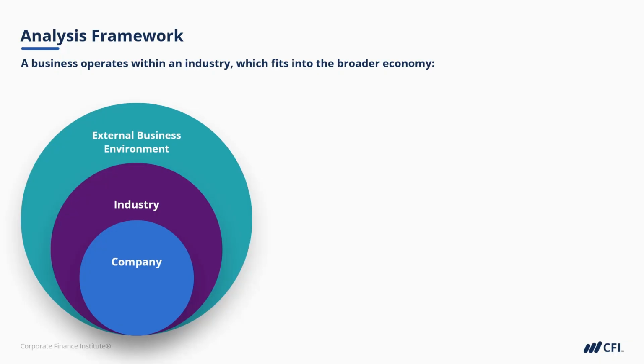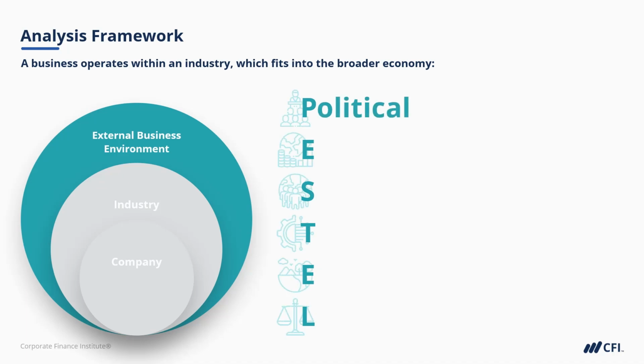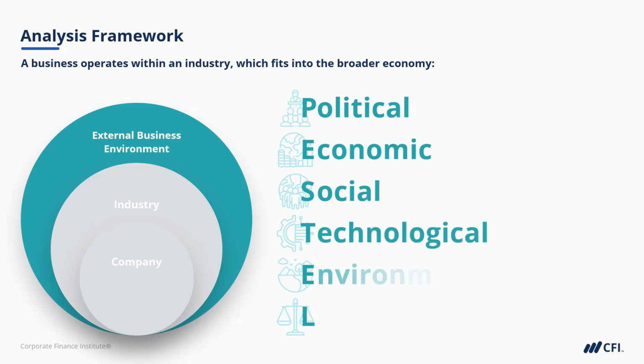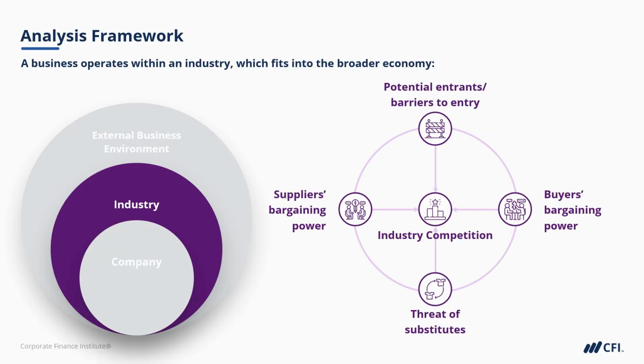When it comes to assessing the external business environment, we're going to use a framework called PESTLE analysis, where we look at political, economic, social, technological, environmental, and legal impacts as far as the economy goes and the bigger picture impact on the business. Within the industry chapter, we're going to look at Porter's 5 Forces, which shows the degree of industry rivalry and how attractive an industry is based on several key measures.